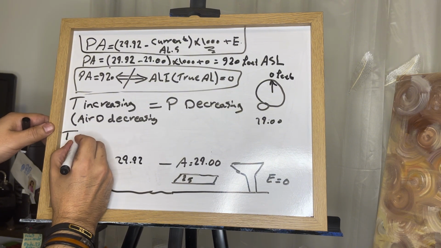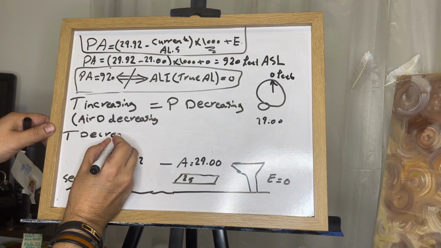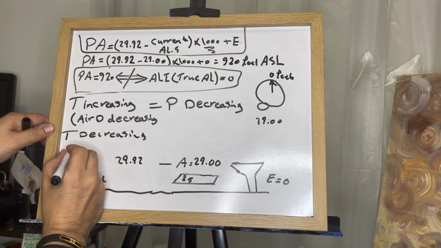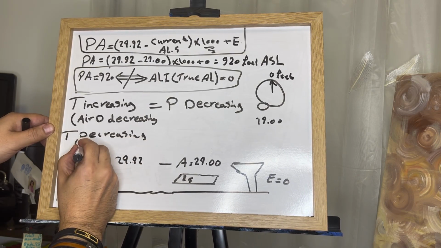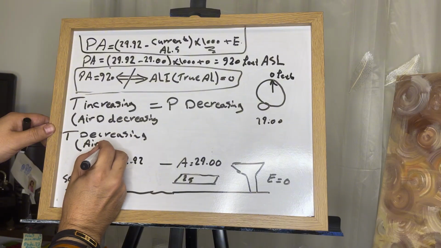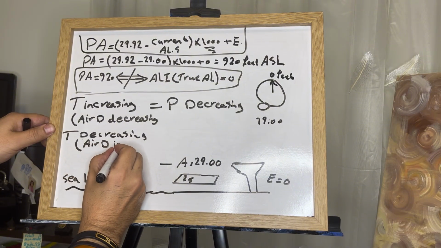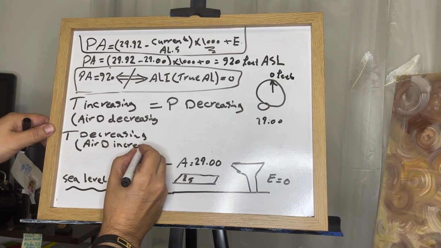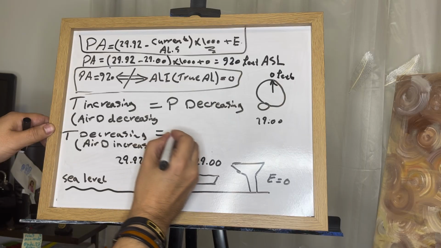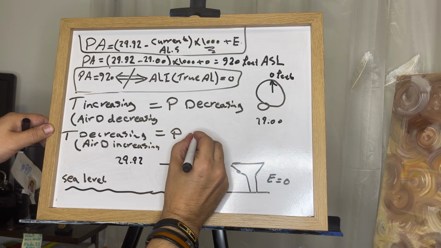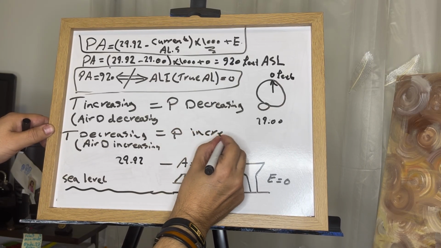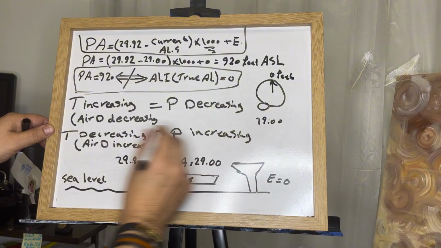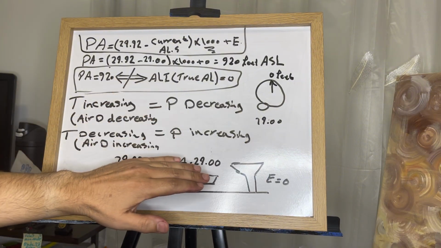If temperature decreases, the air density increases, and the pressure increases. This is one of the factors that impacts local pressure.